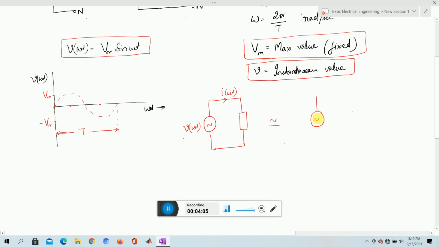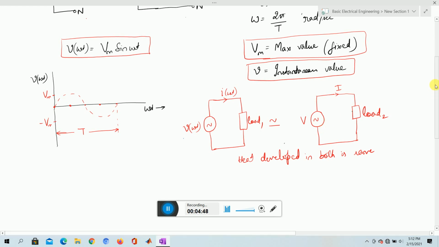That is, along with the sine wave, we give a supply voltage with capital V, and the current passing through the load will be capital I. And this capital V and small v will be equivalent when the heat developed in both cases is the same. That means whatever heat is developed in load 1, the same heat is developed in load 2, then these two circuits are equivalent.